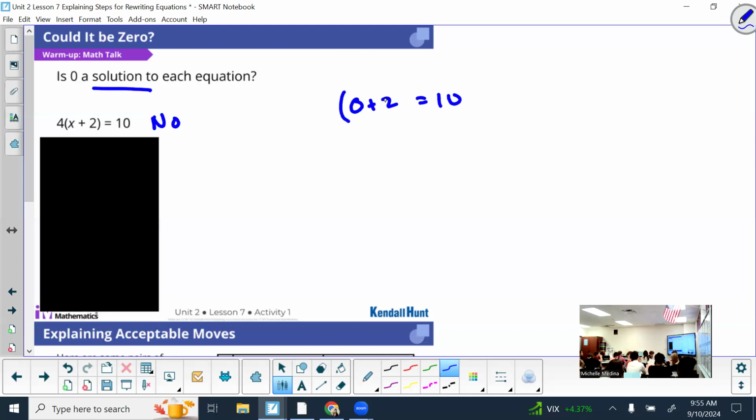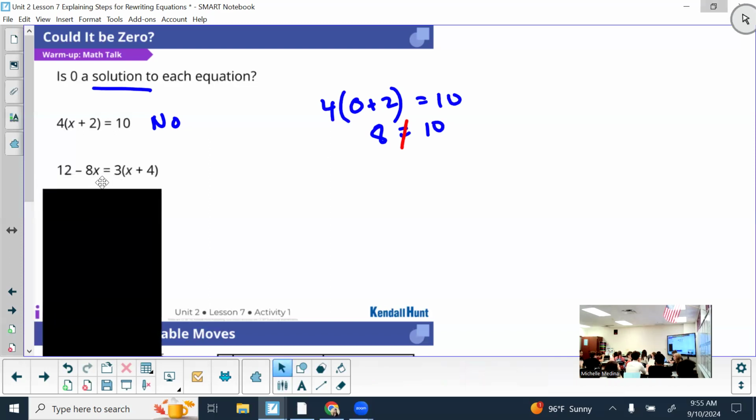So you were supposed to plug in 0 into here, right? 0 plus 2 is what class? 0, and then you multiply it by 4. Which what's 4 times 2? Which is still not 10. So that's formally 1. Okay. But yes, this one is not a solution because it doesn't make it true.